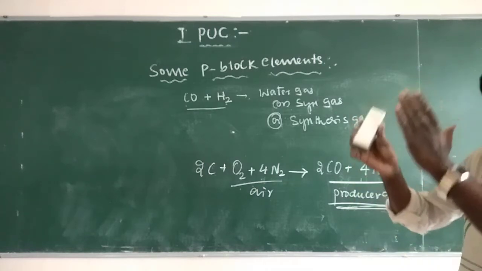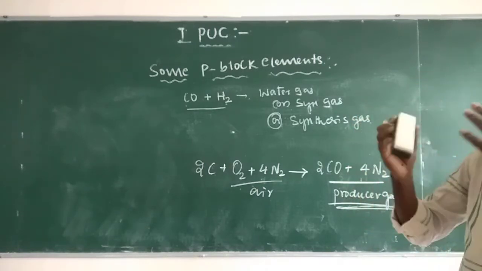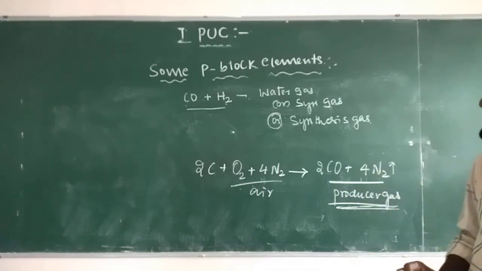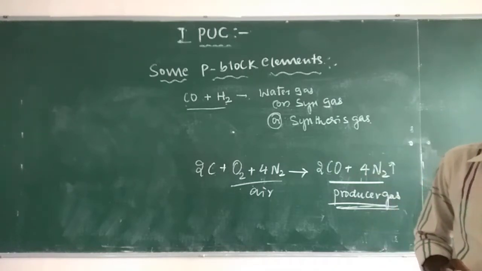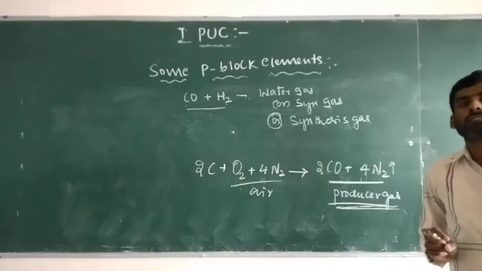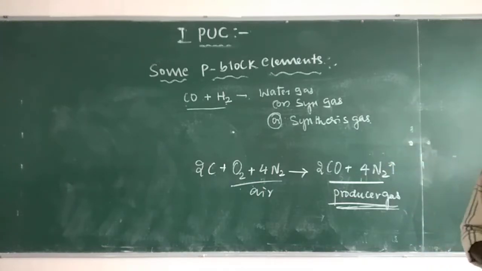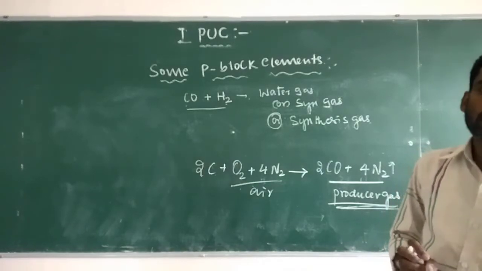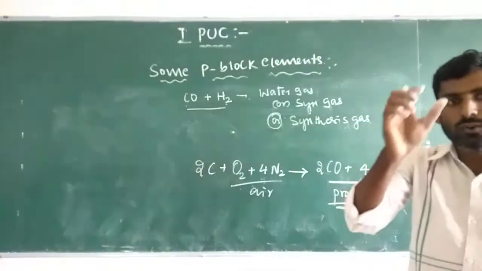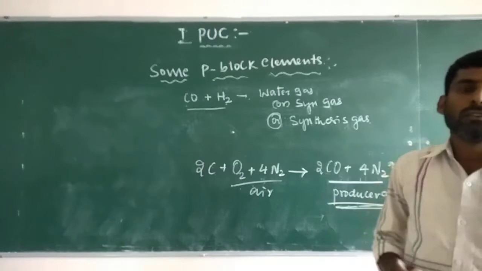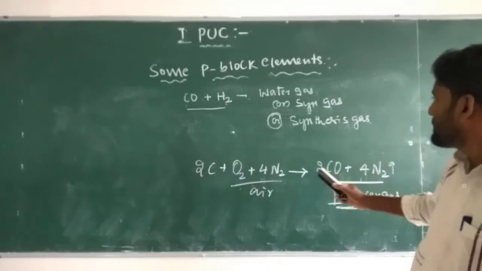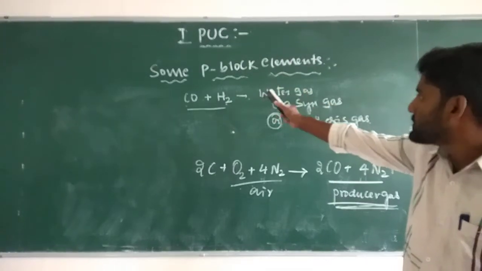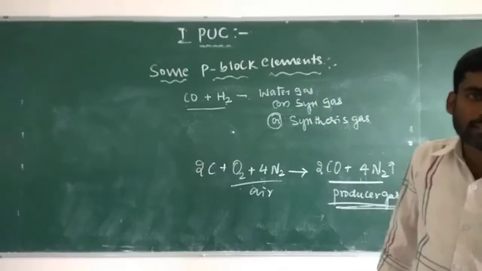On a large scale, in industries, carbon monoxide is prepared commercially by the reaction of carbon or coke with steam at very high temperature. This forms a mixture of carbon monoxide and dihydrogen, called water gas.